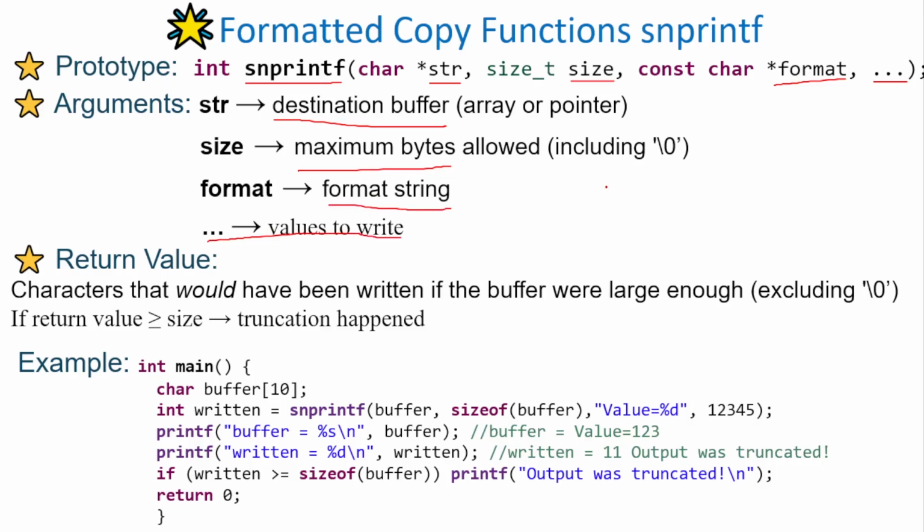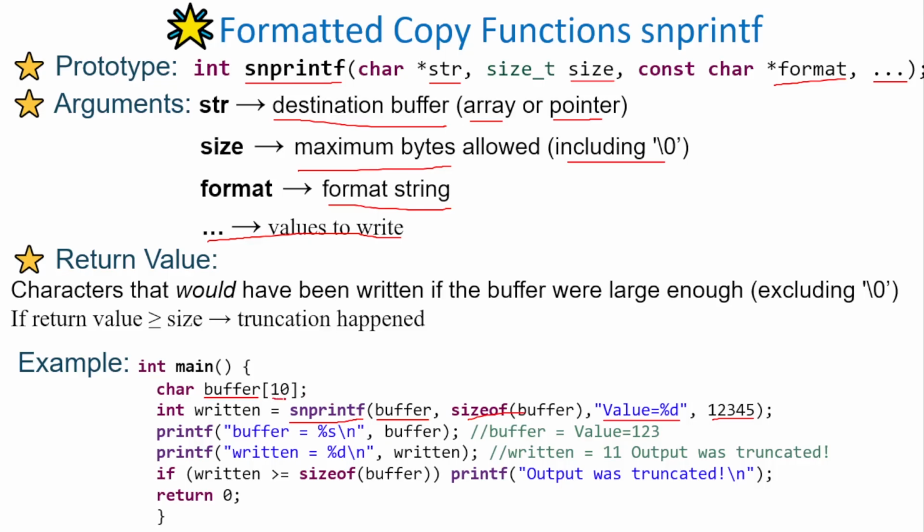In this example, we define a character array named buffer with a capacity of 10 bytes, and then we call snprintf(buffer, sizeof(buffer), "value = %d", 12345), which attempts to write the string value = 12345 into the buffer, but only up to 10 characters, including the null terminator.